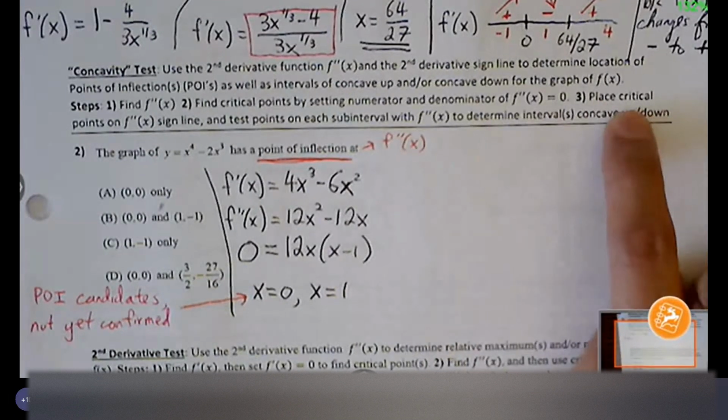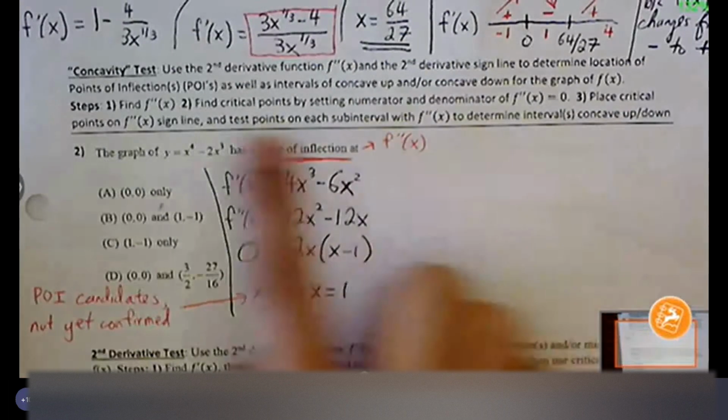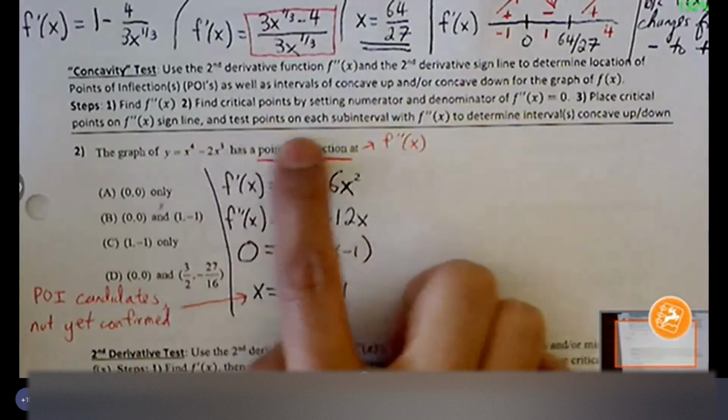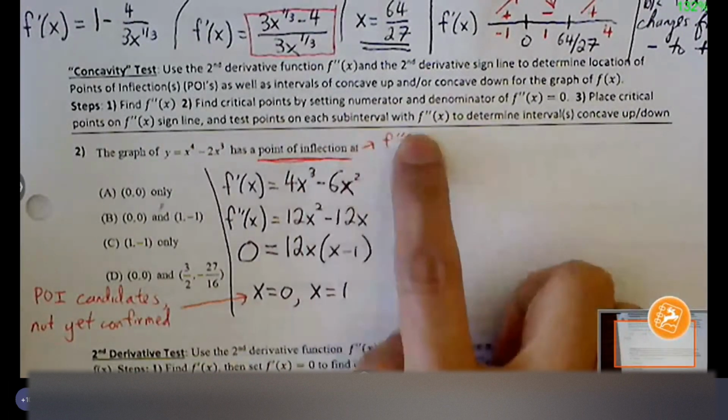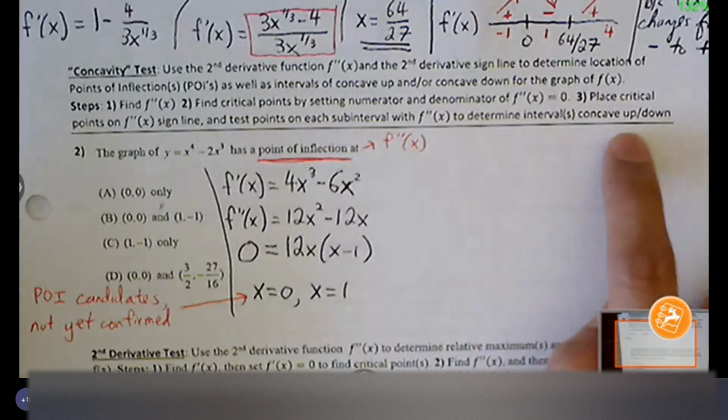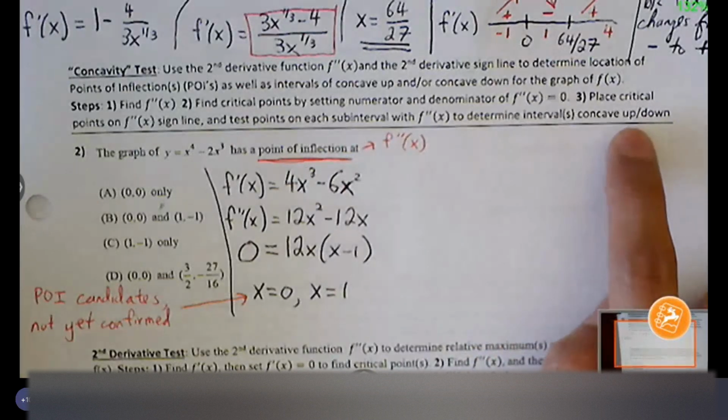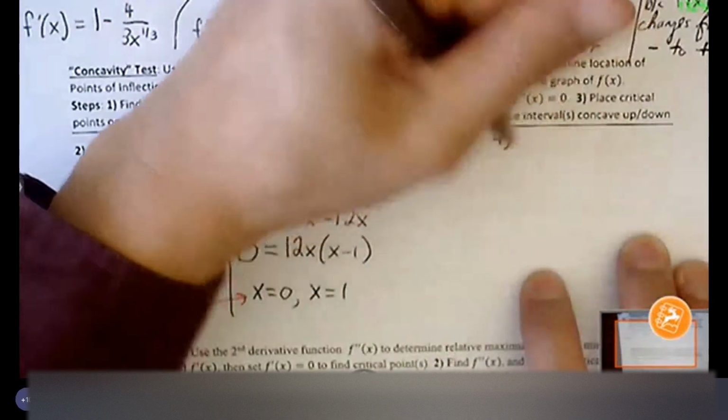So there's a step that I left out in the directions here. So number 3 says place critical points onto our second derivative sign line. Test each point on each subinterval to determine increase and decrease of concavity. I mean, a concave up or concave down. So I have a fourth statement here.